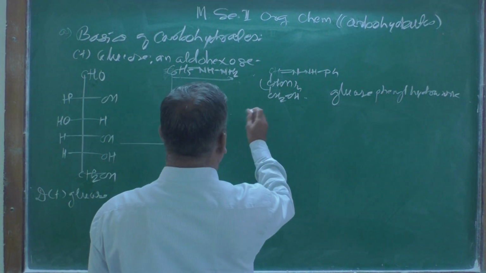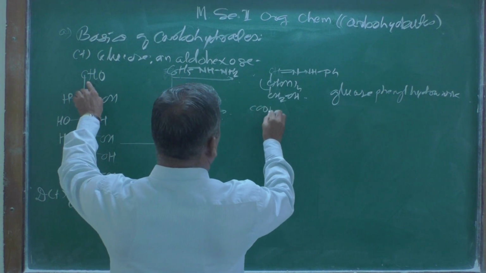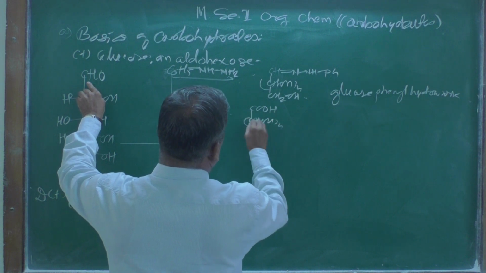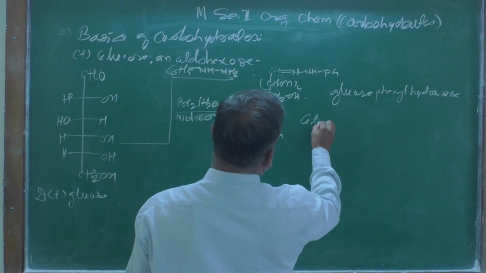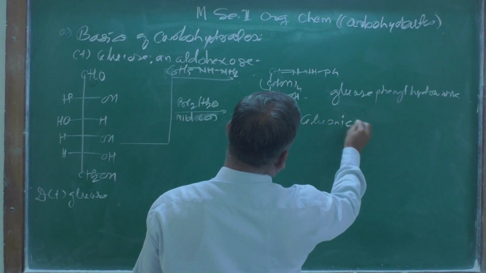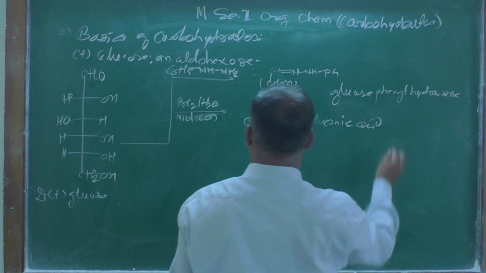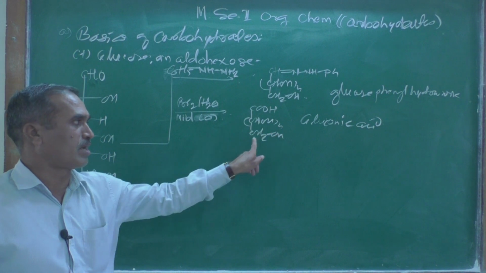You are going to get the aldehyde group converted into an acid, then CHOH four times and then CH2OH. In short, this is gluconic acid.